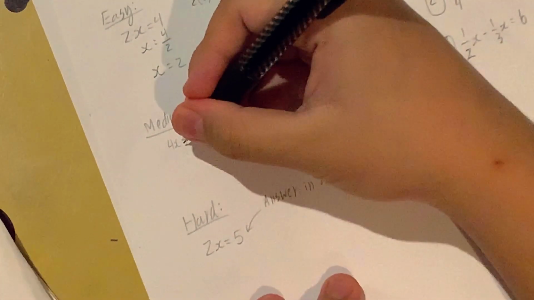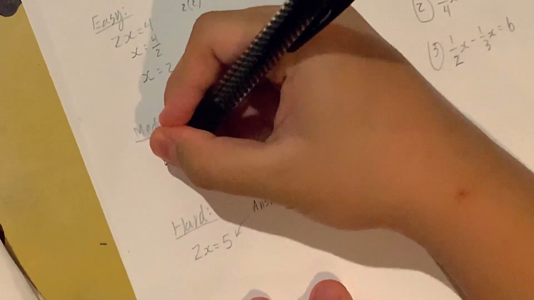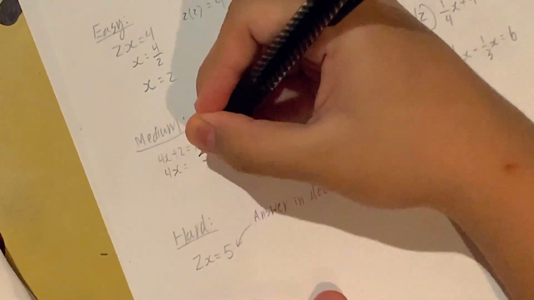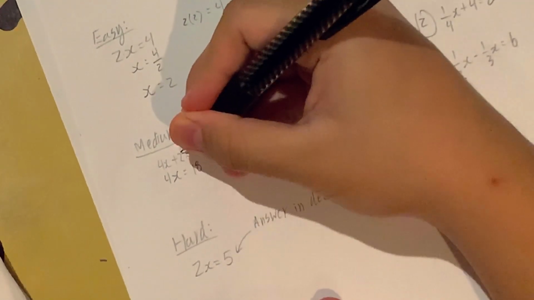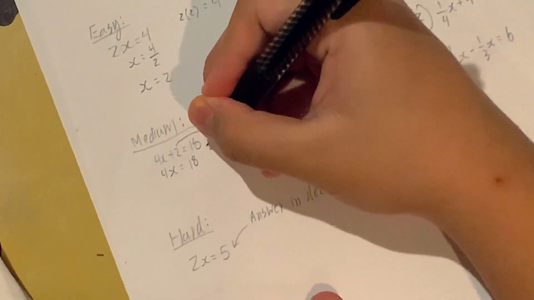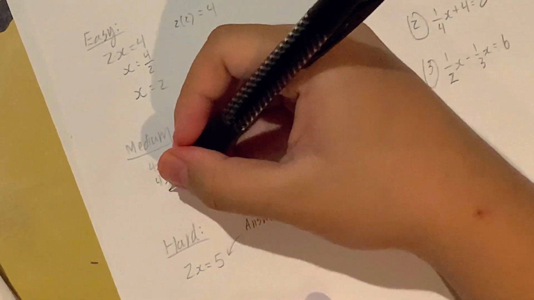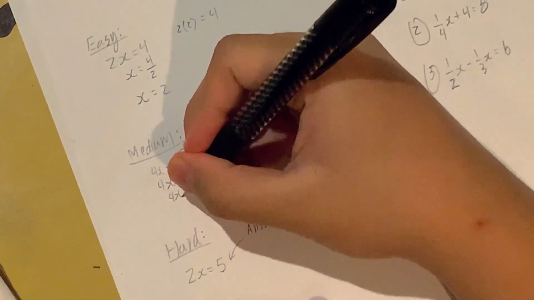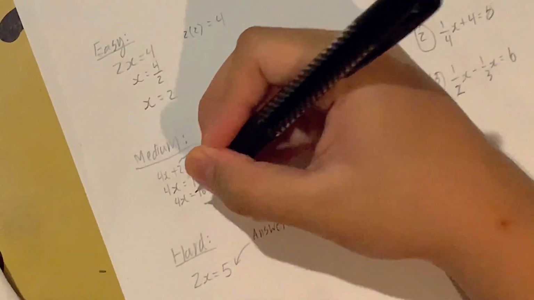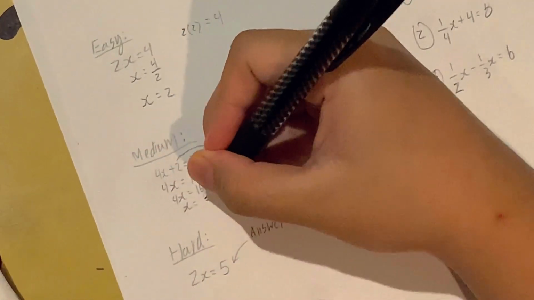Since this is plus 2 here, and since 2 is gonna go on the other side here, it's gonna become minus 2. And in here, you subtract those, and you divide 16 by 4.